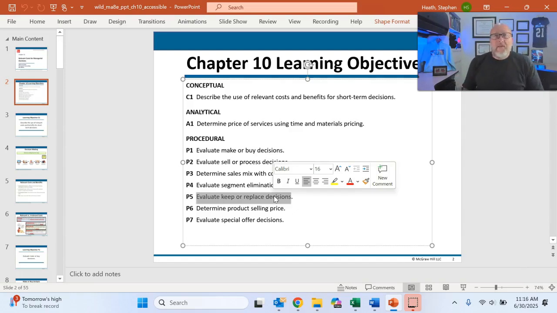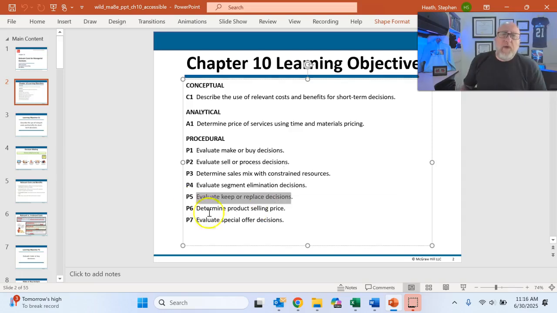If you think about your car, it would be awesome to buy a new car every 3 years, but is that the right decision? And how do you think about what factors go into whether you should replace a machine or not, or a building or a car? All right, so we'll get through that.